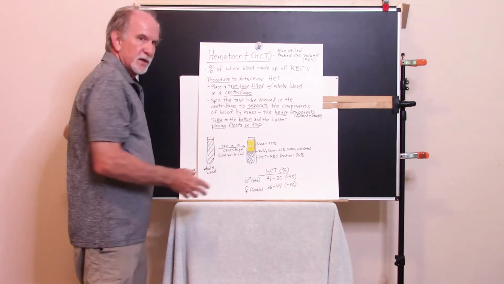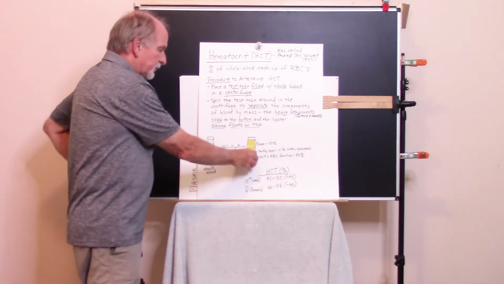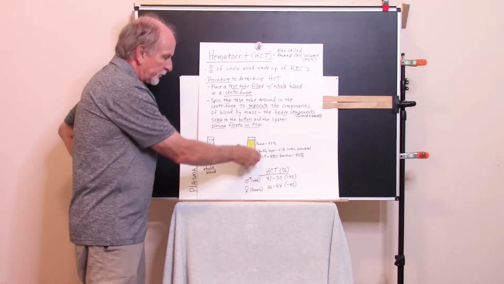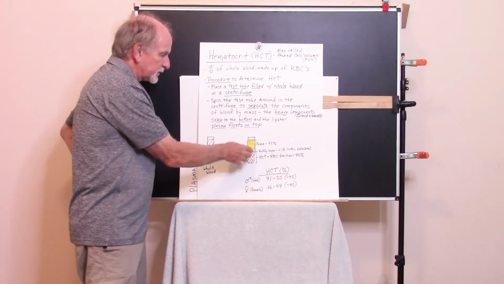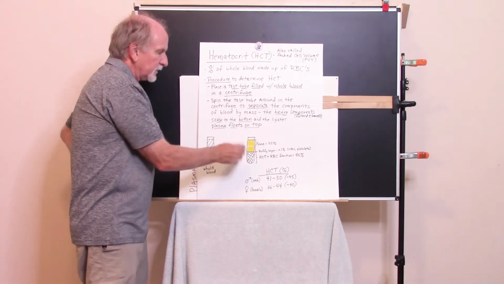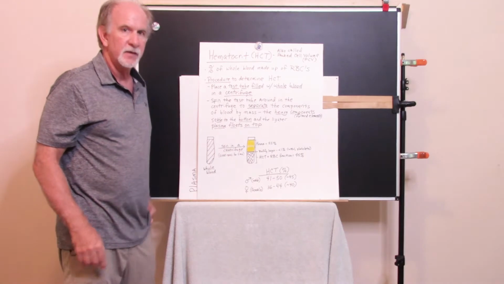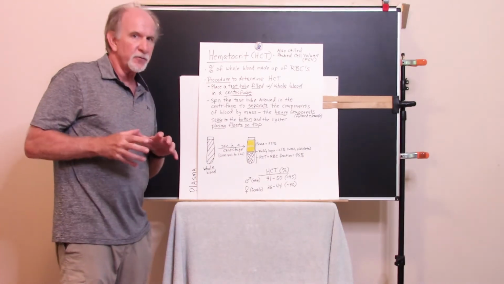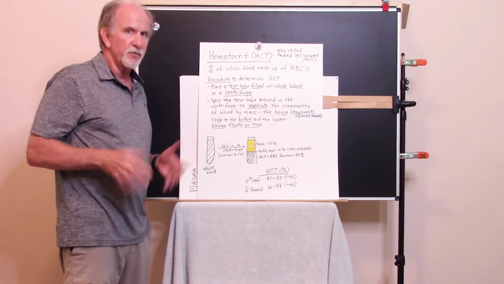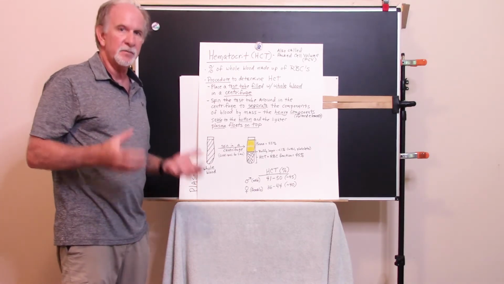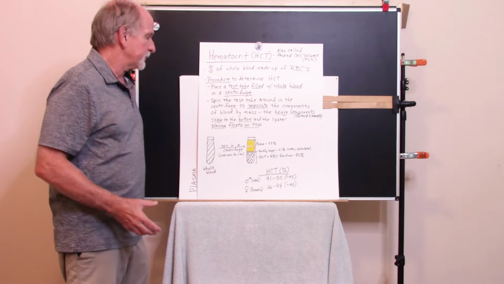So all the red blood cells settle to the bottom, and this percentage of red blood cells as a percentage of the whole is the red blood cell fraction, which is known as the hematocrit. The red cells make up about 45% or so on average of whole blood. So the hematocrit in that case would be 45%.